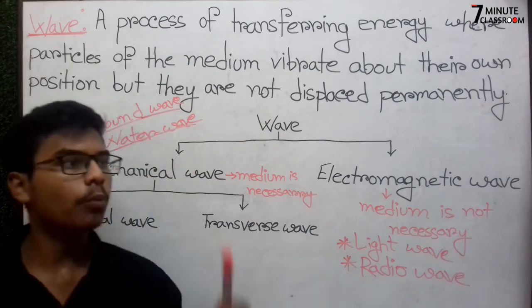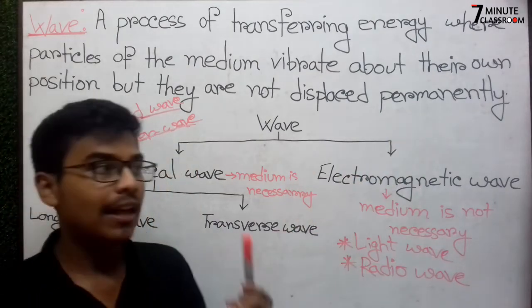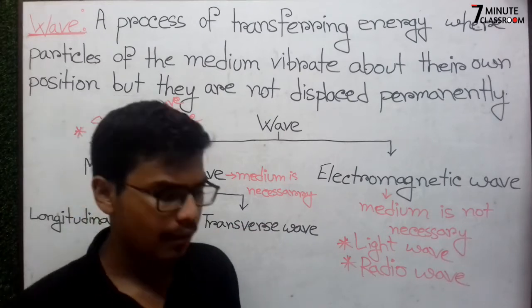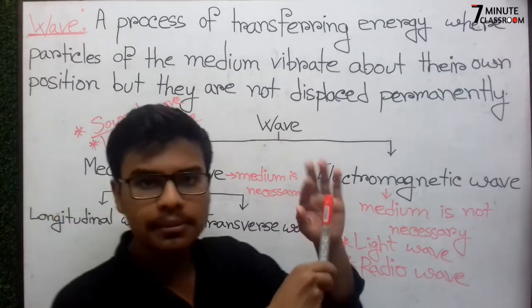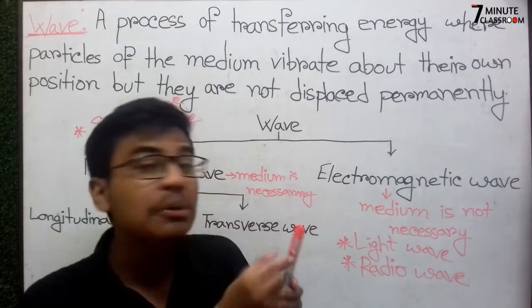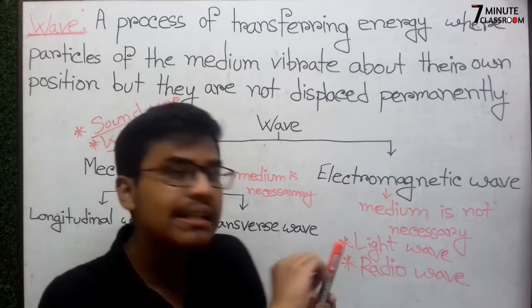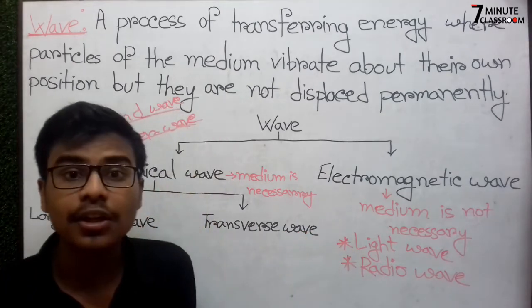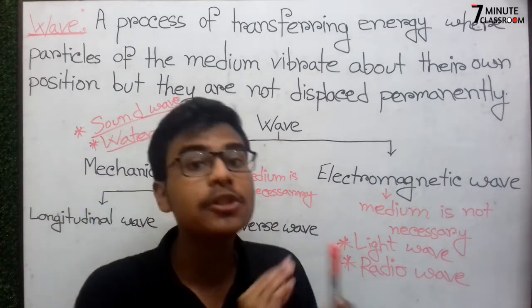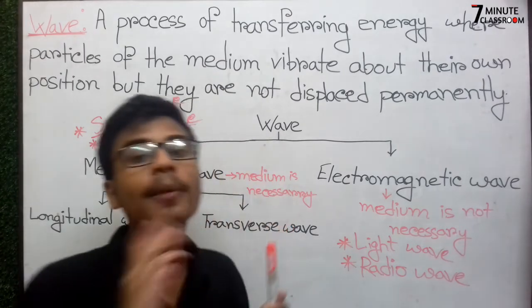Suppose this marker is a radio, and we can hear some news through this radio, but it is wireless, there is no wire. So how can we hear? If a medium were needed, we wouldn't be able to hear. So that's why for radio wave no medium is necessary.